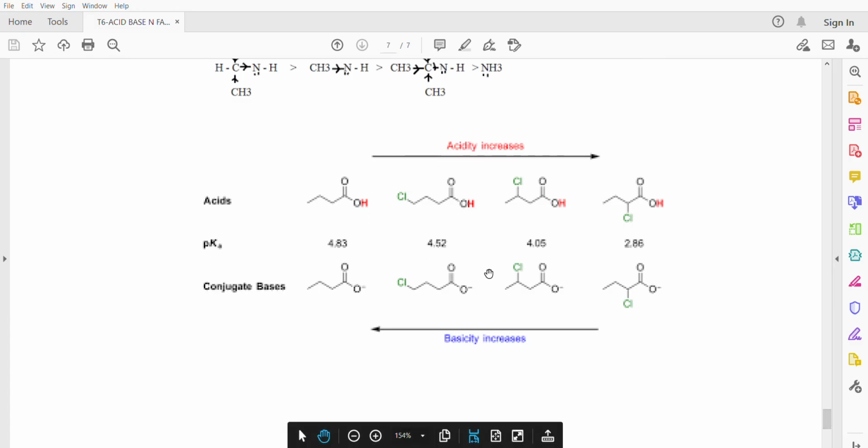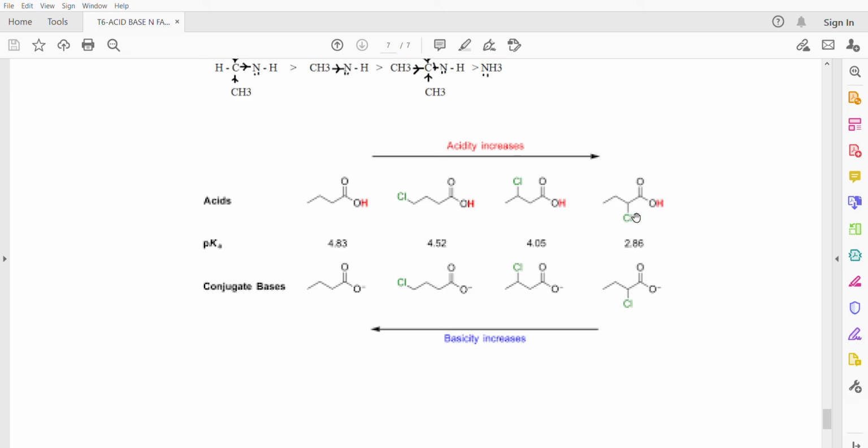Now if we see that here the chloro group is closer, we have to look after the removal of the proton: this chloro is near the negative charge on the conjugate base. The H will be removed, so this chloro is near the anion. Here it is farther away, and there is no chloro group. So if the chloro group is near, its effect is prominent.